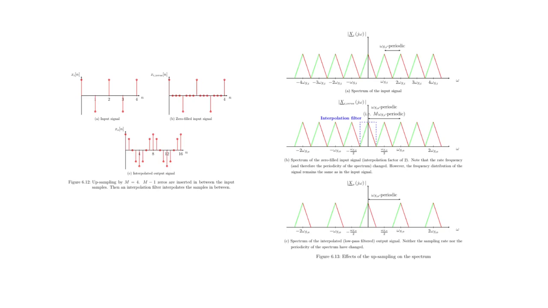So here we have an upsampling with an interpolation factor of 4. So for each sample we need to add M-1, so in this case 3 zeros in between, equally spaced. And now we have a signal which has a 4 times higher sampling rate.